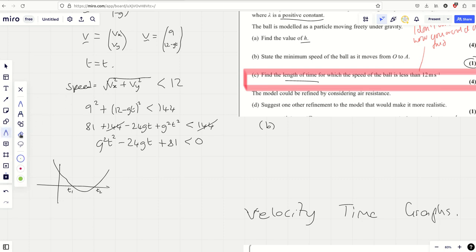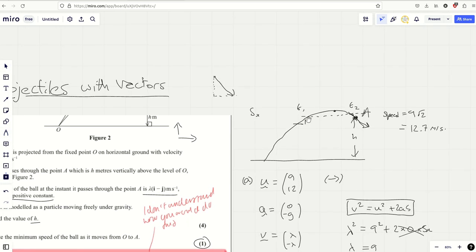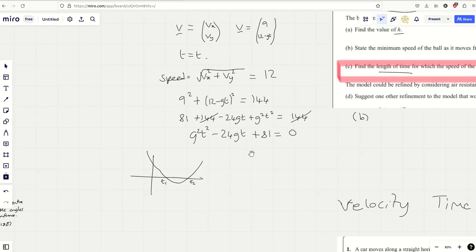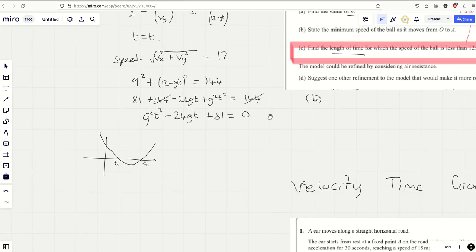Perhaps you prefer to look at it like this: turn the inequality sign into an equal sign, and find the times when you're going at 12 meters per second. Between those times, you'll be going at less than 12 meters per second. For the same reason as earlier, you get 12 meters per second, then you slow down under it, and then you get 12 meters per second again. So now it's just a quadratic which we have to solve.